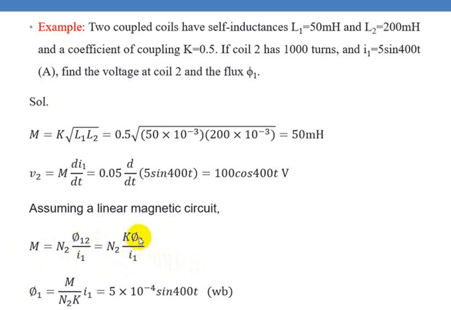From this you can find Φ1. So Φ1 will be equal to M into I1 in the numerator, and in the denominator you will have N2 into K. Now you substitute the values. I1 is 5 sin 400t. So you substitute M, N2 and K. You will get Φ1 as 5 into 10 to the power minus 4 sin 400t.